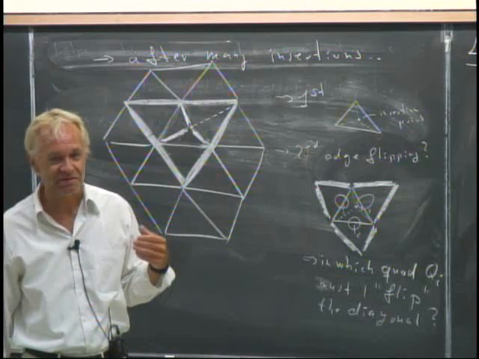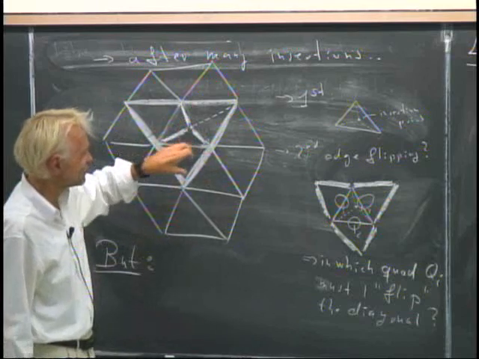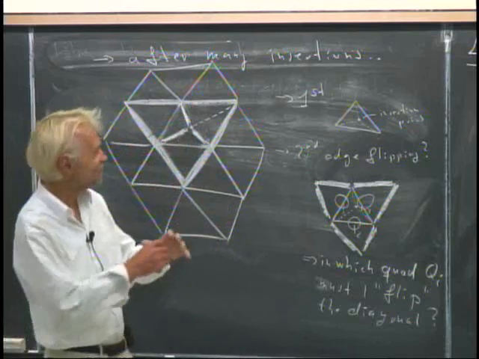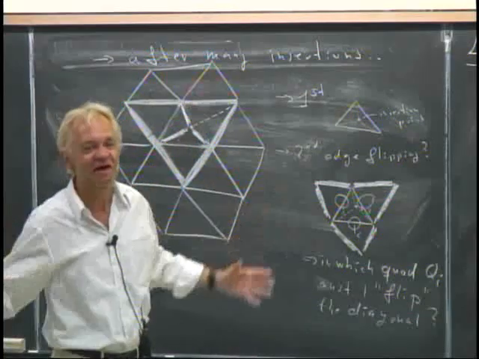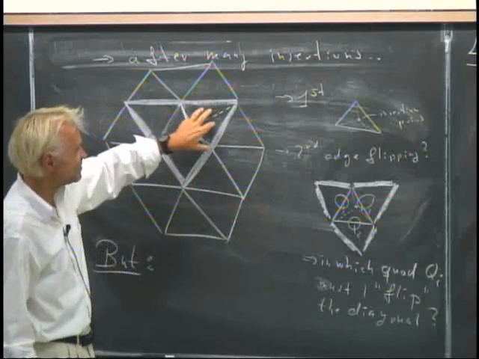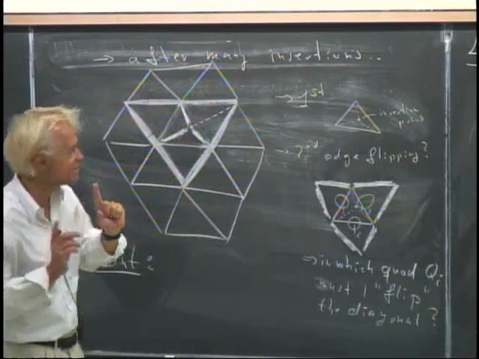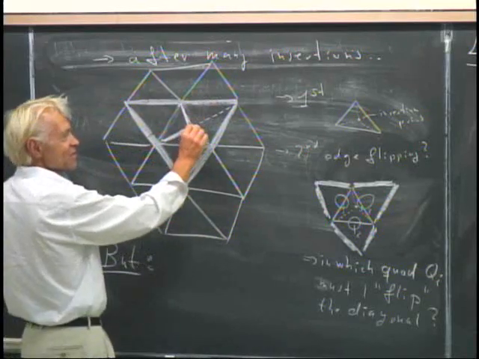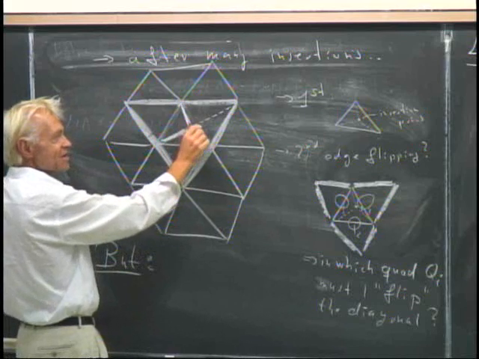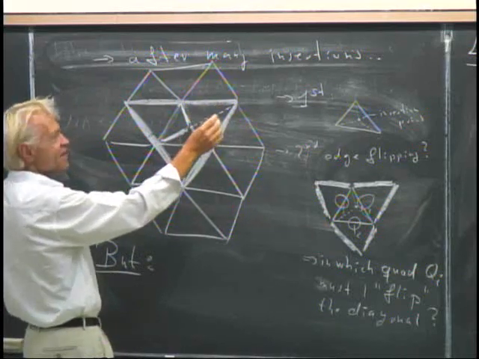It's not restricted. This operation looks so beautiful and seems so local, but ultimately it might have an effect like a growing fire. No? This flipping is not just restricted here, because I flipped here, all of a sudden I have to consider something here. I've introduced new convex quadrilaterals, right? I have a new convex quadrilateral now by taking this edge away and inserting this edge. I have another quadrilateral that I have to look at.